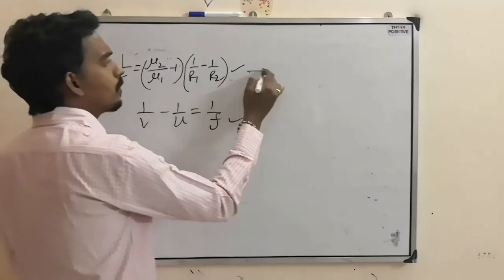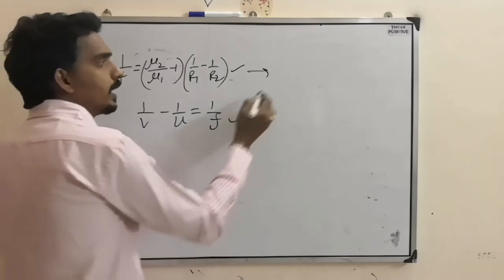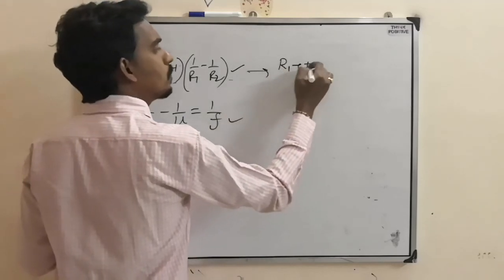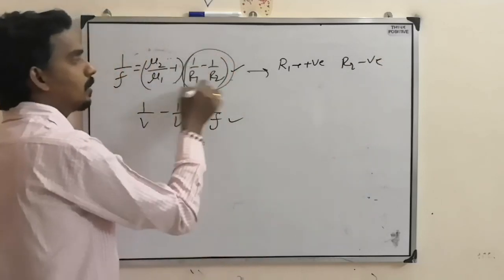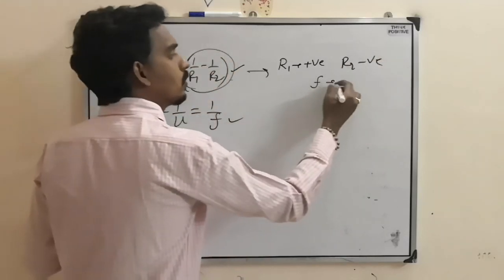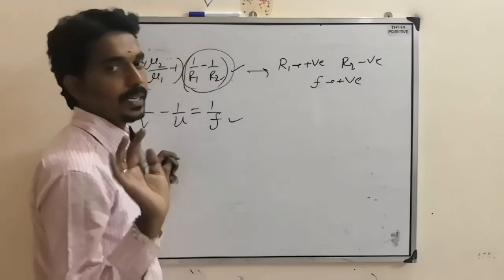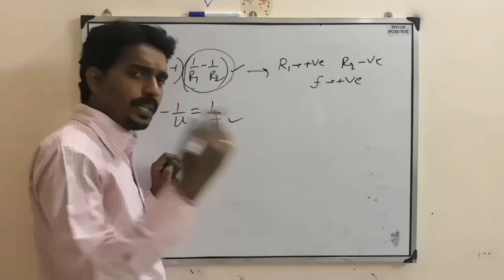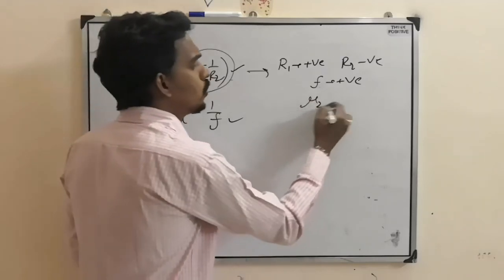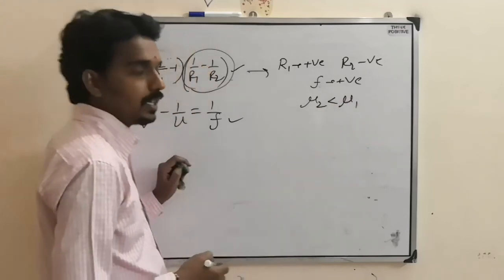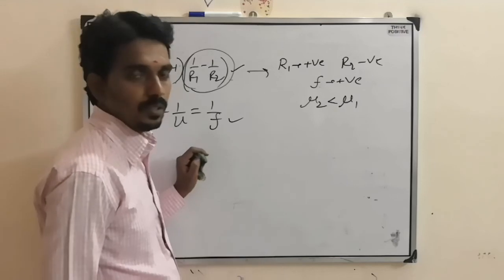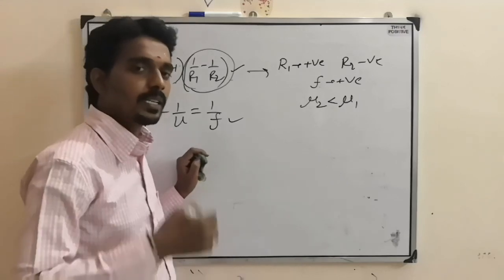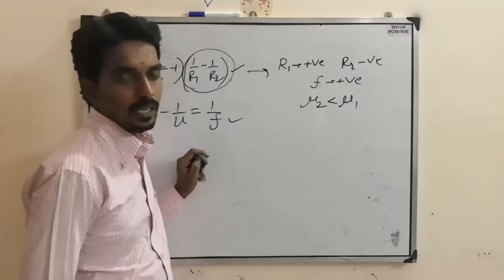This is the formula for the focal length of a lens. In case of convex lens, R1 is plus and R2 is minus, so this term will become plus. So the focal length is always positive in air medium. Suppose you keep it in a medium such that mu2 is less than mu1, then the focal length of the convex lens becomes negative, and we say it behaves like a diverging lens.